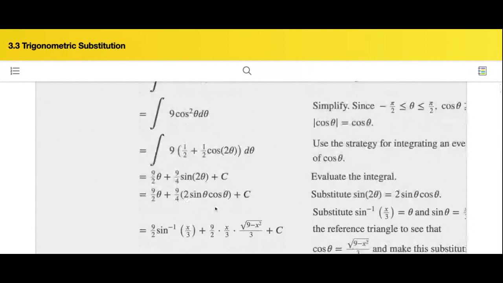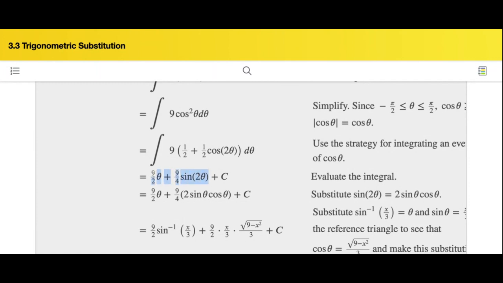Right. And what's theta? We could just give a definition of theta, just arcsine of x over 3. Well, I think it's okay if we have the triangle, right? We marked where theta is. And we can leave the answer as this, 9 over 2 theta plus 9 over 4, 2 sine theta cosine theta. Well, what is 2 sine theta cosine theta? That's just sine 2 theta, plus c.